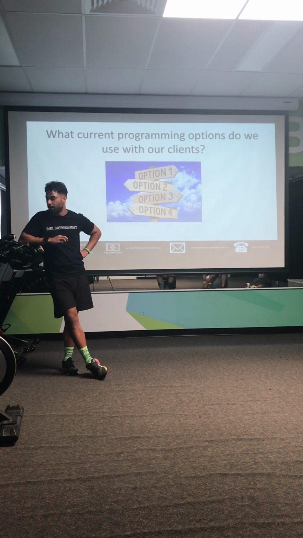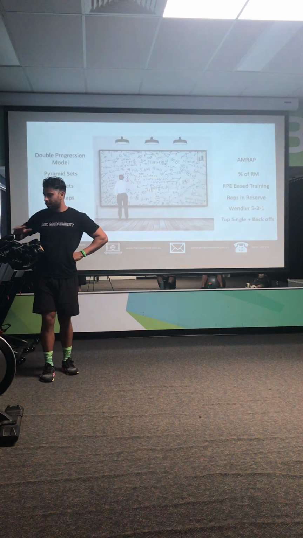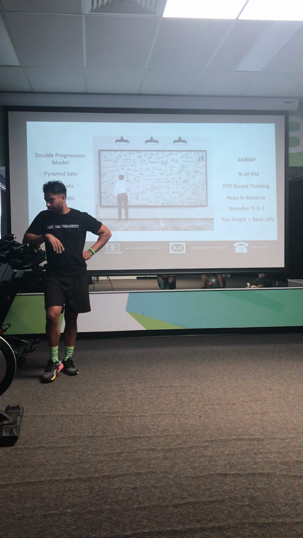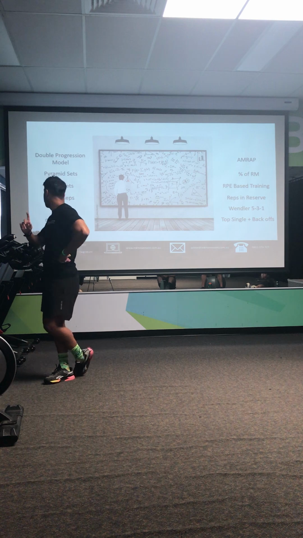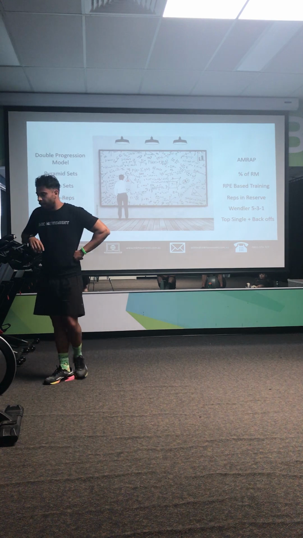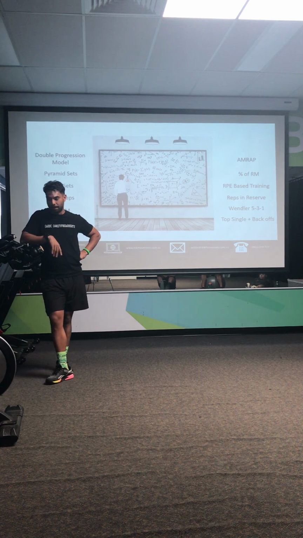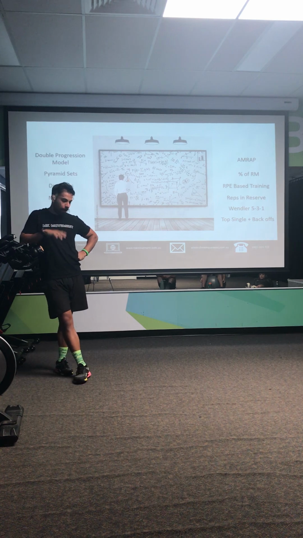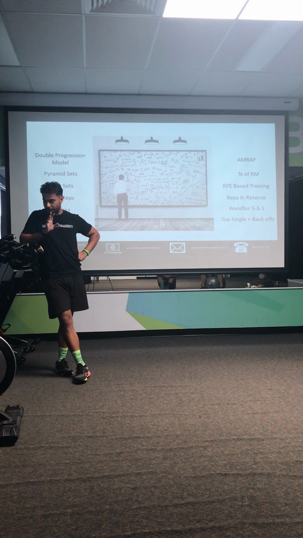Cool. Alright, so these are ones that have been thrown around. The double progression model is something we'll go through today. You can use pyramid sets, drop sets, myo reps, EMOMs, cluster sets. You can use AMRAPs, percentage of 1RMs, RPE, reps in reserve, Wendler 5/3/1, and top single and back offs.